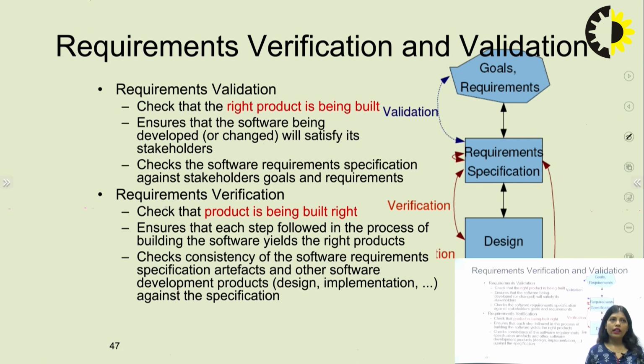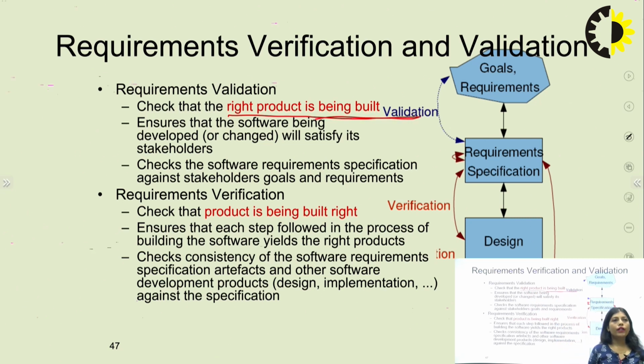In requirement validation, we check that the right product is being built, and it also ensures that the software being developed will satisfy its stakeholders or not. We can also check the software requirement specification against stakeholders' goals and requirements. So in this, we check that the right product is being built.